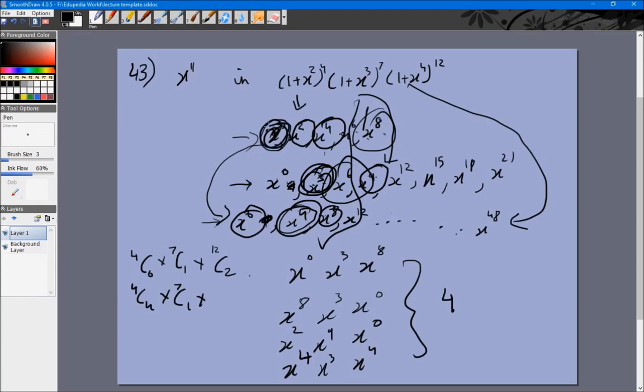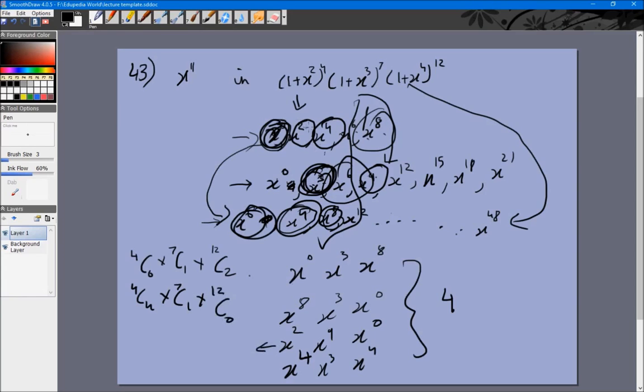So in the first case we had 8 in the third one, in the second case we need to have 8 in the first one, which is 4c4, yes, then 7c1, then we needed 0, so we need 12c0, sorry.